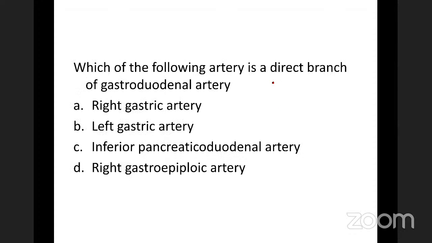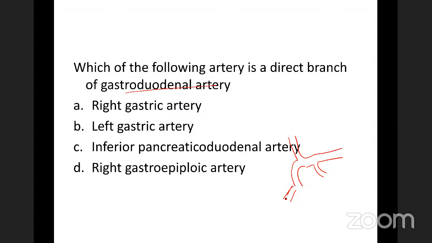Which of the following artery is a direct branch of gastroduodenal artery? Right gastric artery, left gastric artery, inferior pancreaticoduodenal artery, right gastroepiploic artery. We studied common hepatic artery gave rise to right gastric artery. It gave rise to hepatic artery proper, gastroduodenal artery.